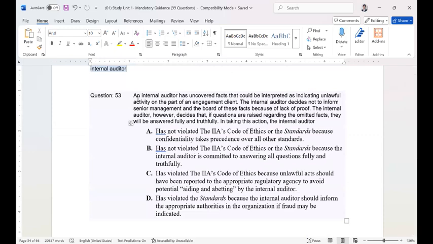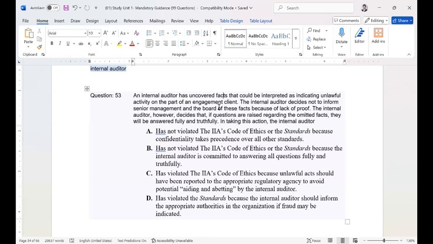I don't think so. What is the answer here? Is it D?